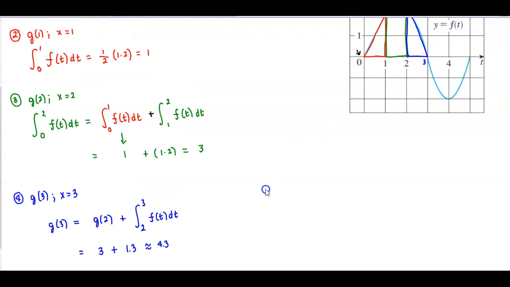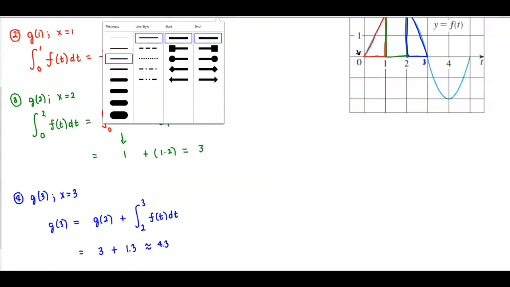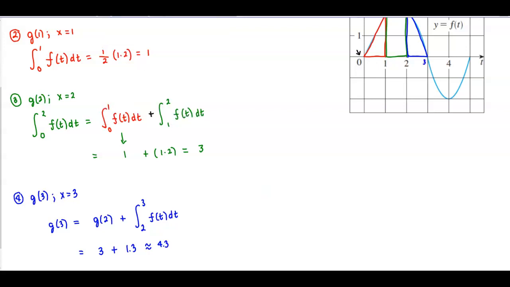Okay, next. We want to find g of 4. So that's when x is going to equal 4.